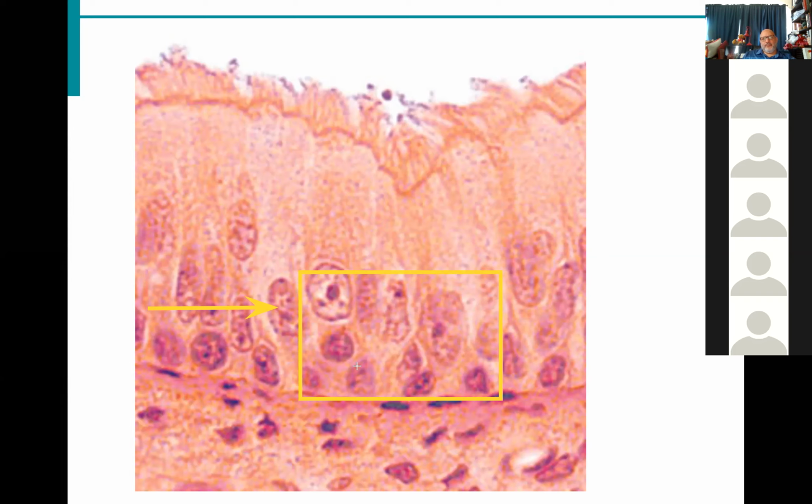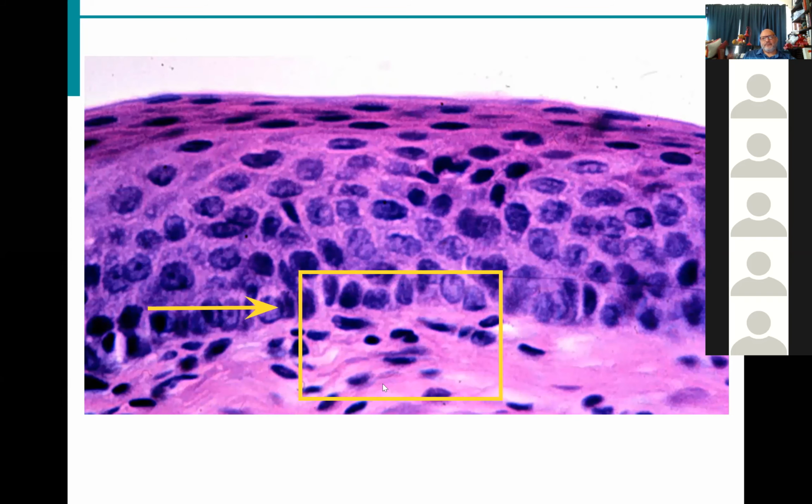Notice when we switch to the next slide, our magnification changed a little bit, but we can still look at it. If we just look down here at the bottom, it basically looks exactly the same. It looks like a lot of nuclei stacked on top of each other. So if we look at the basal surface, we're not going to be able to tell these two tissue types apart.